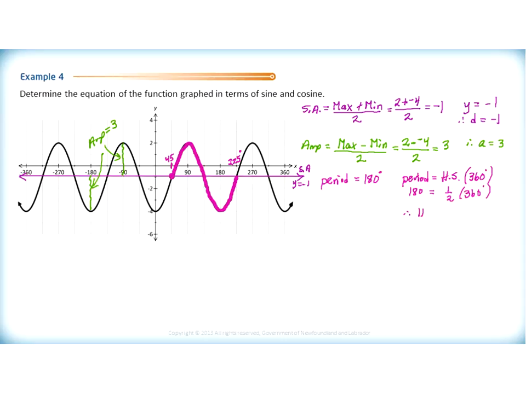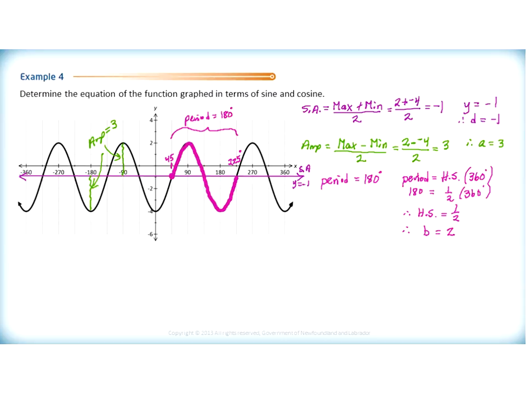So that tells us that the horizontal stretch is equal to a half, and we use the reciprocal of that to get the parameter b in our equation. So the value of b will equal 2, and that represents one full cycle of the curve. The period here is equal to 180 degrees.